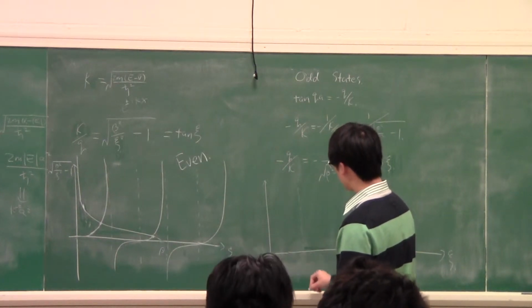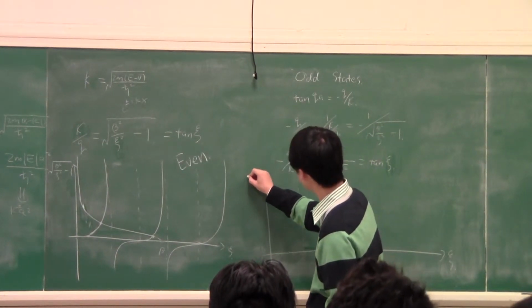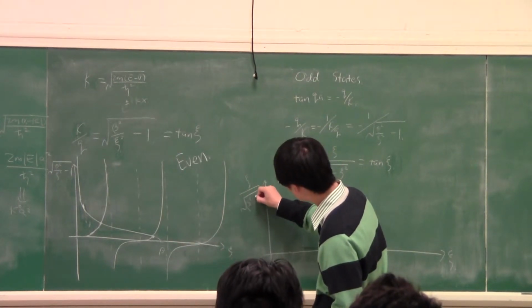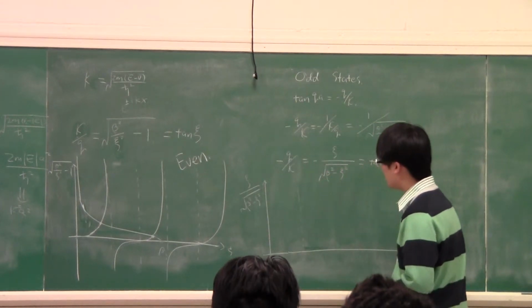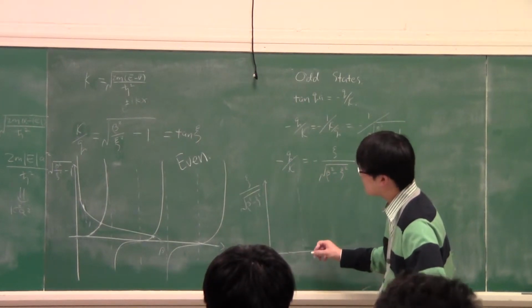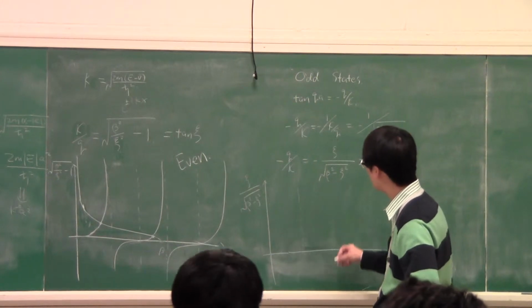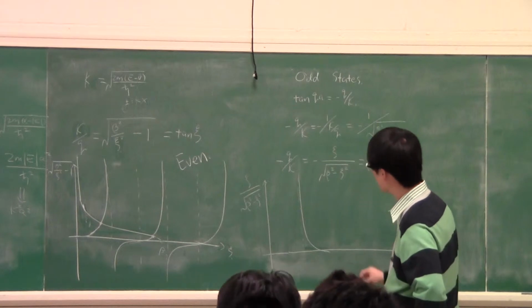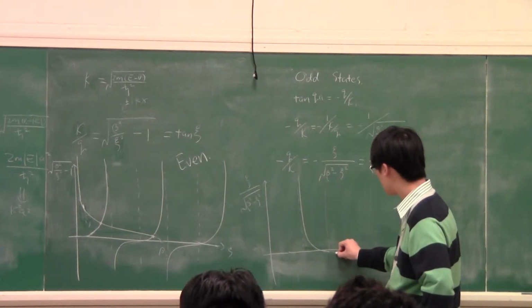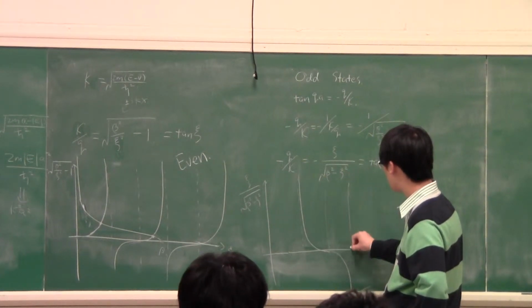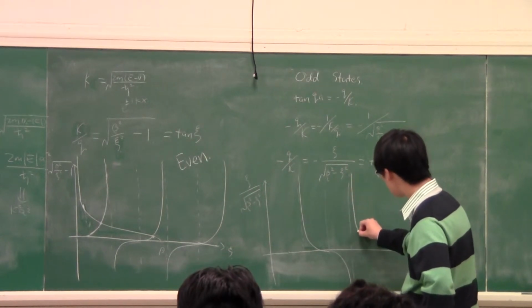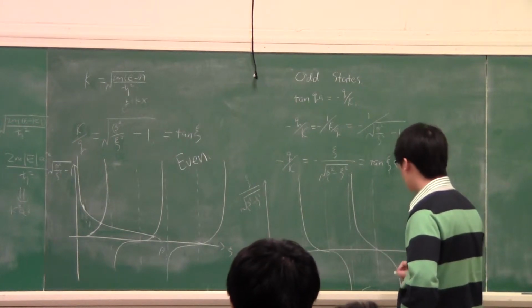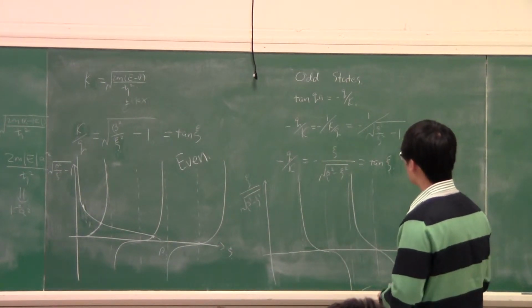There's nothing before 2 pi that's positive, and then after 2 pi we get something that looks like this, and so on.